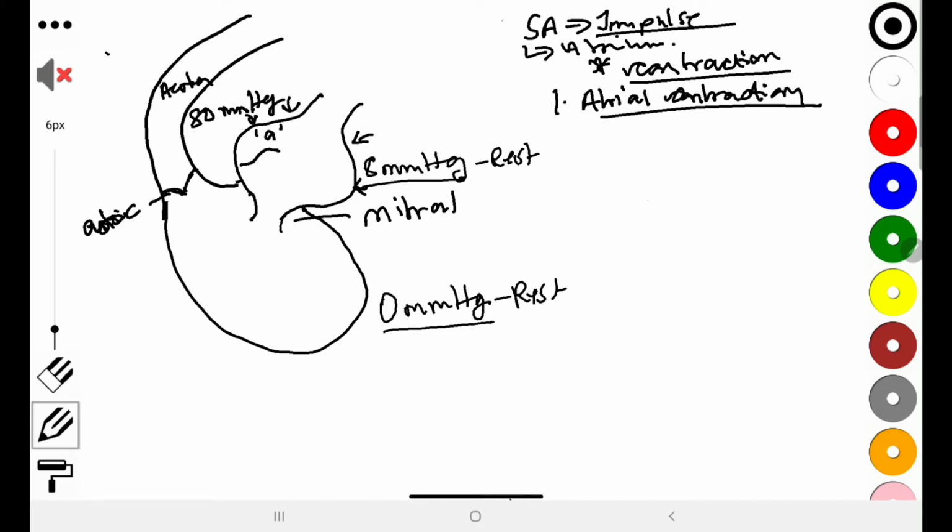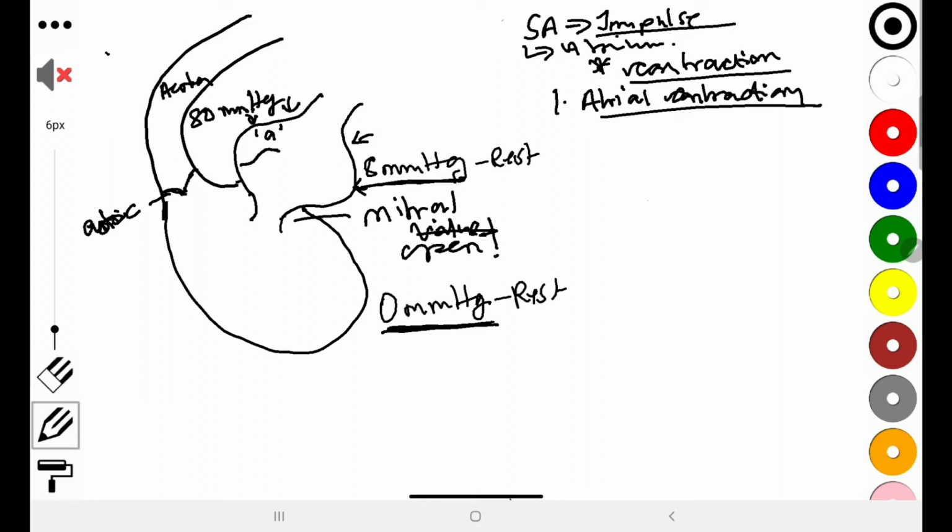All right. So the A wave will be noted at this point within the atrium. What is happening between the atrium and the ventricle? Because we have increased pressure compared to the ventricular pressure, the mitral valve at this point is open.